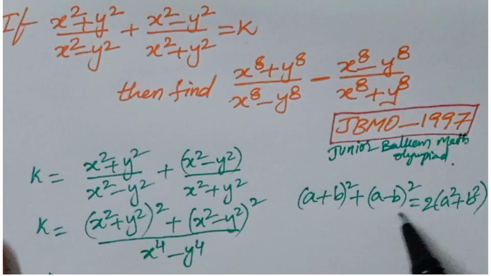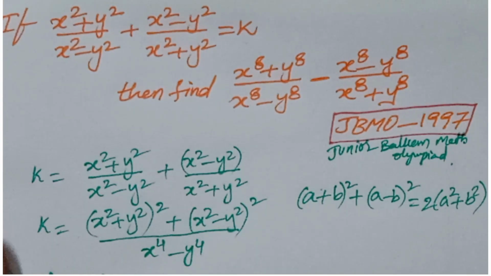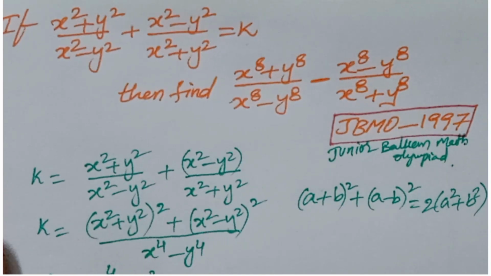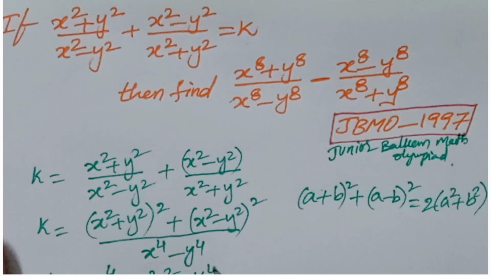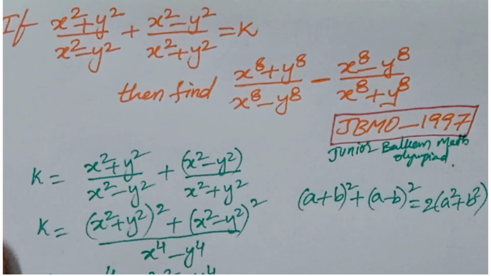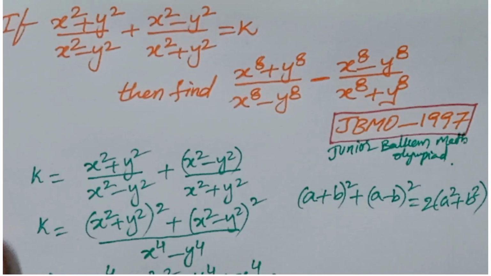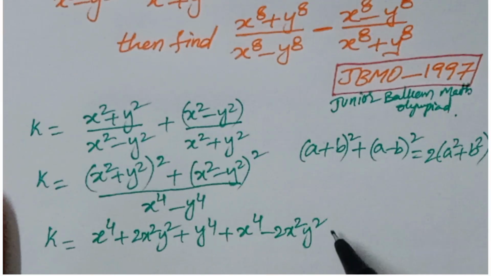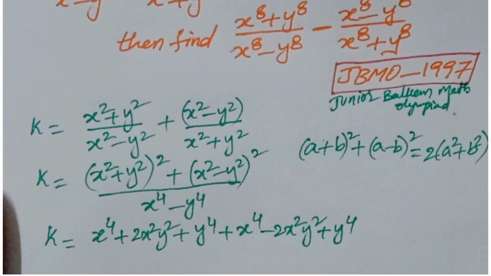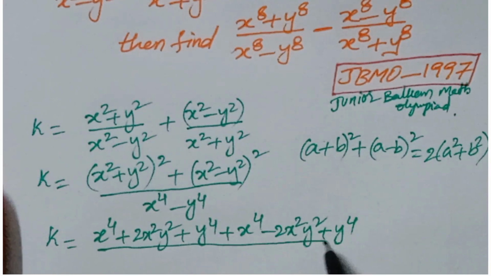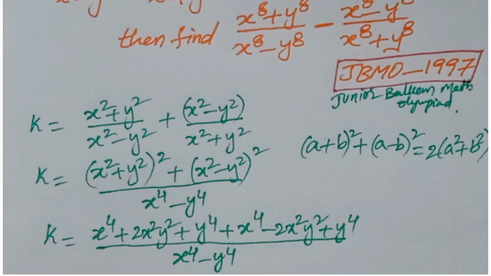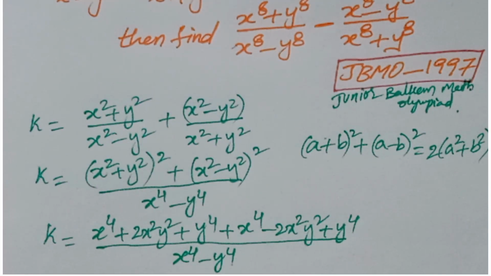If you apply this formula directly, you can open: x⁴ + 2x²y² + y⁴ + x⁴ − 2x²y² + y⁴ by x⁴ − y⁴.